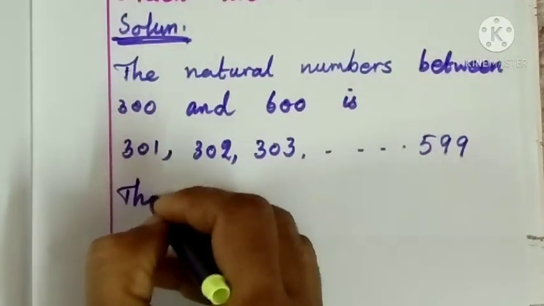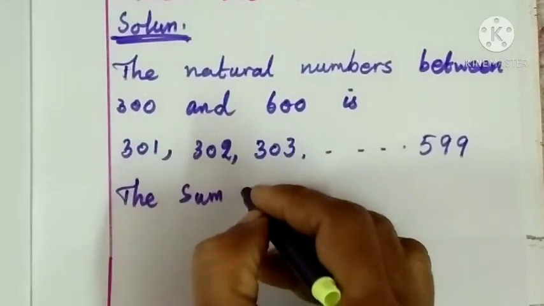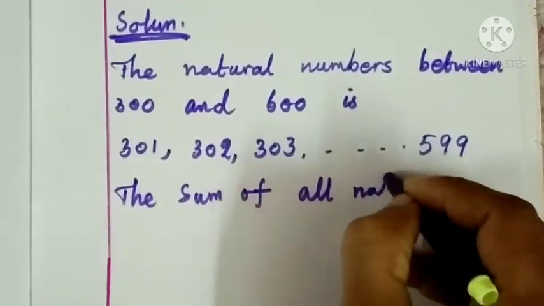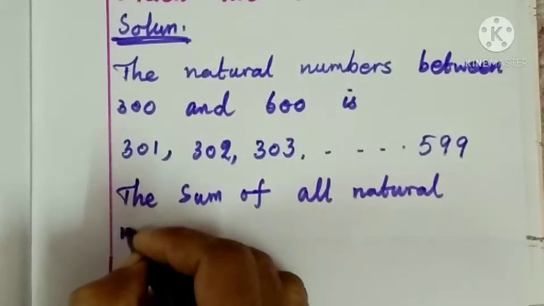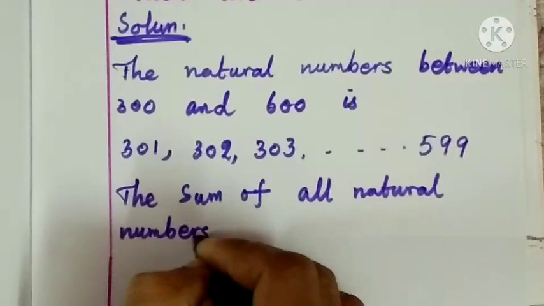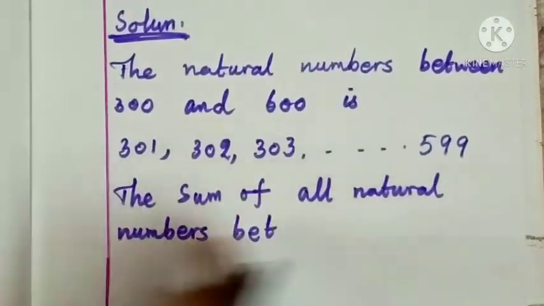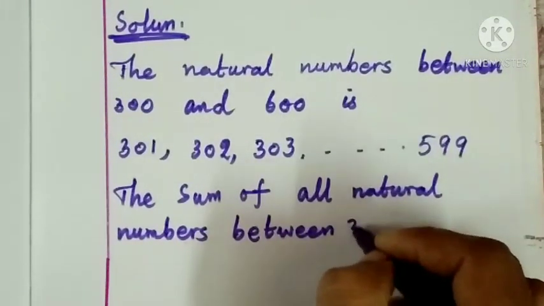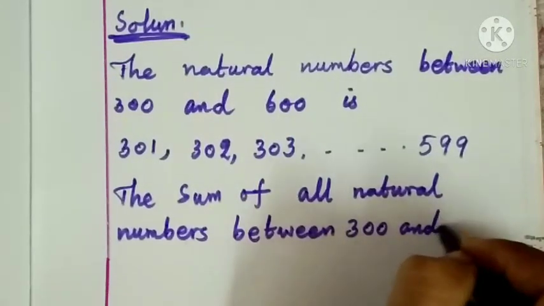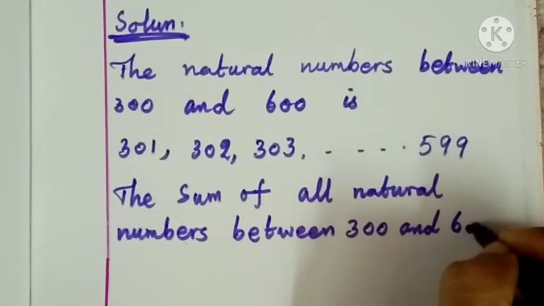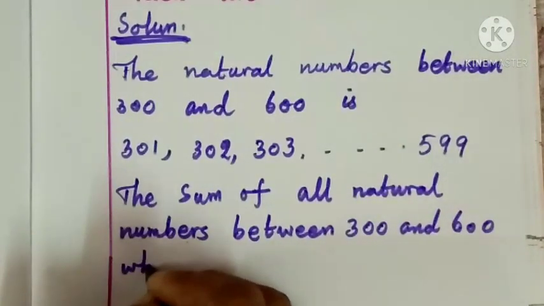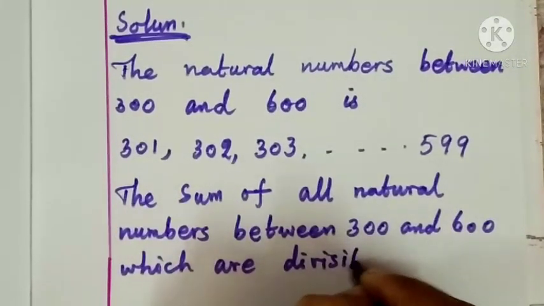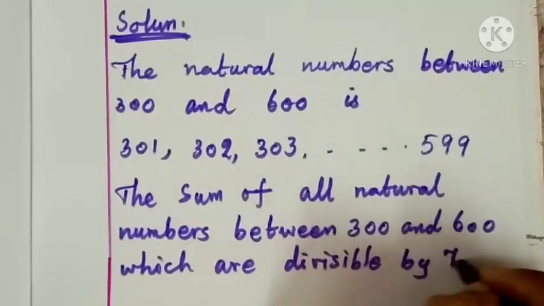So, the sum of all natural numbers between 300 and 600 which are divisible by 7.